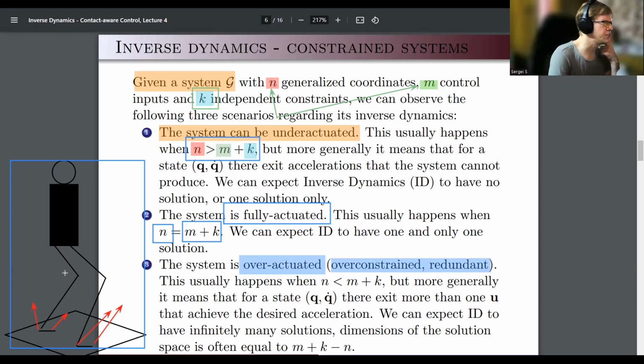In general, this is a very typical scenario. Like parallel mechanisms, you can think of them as being overactuated or over-constrained if you think of them as having constraints. Okay, so this is just something to think about.